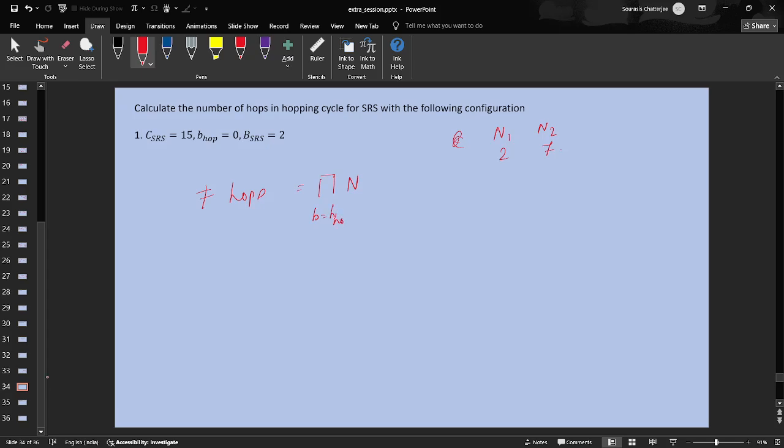B runs from B hop plus 1 up to BSRS. Here B hop is given as 0, BSRS as 2. That means B runs from 1 to 2, so it's N1 times N2, that is 14.